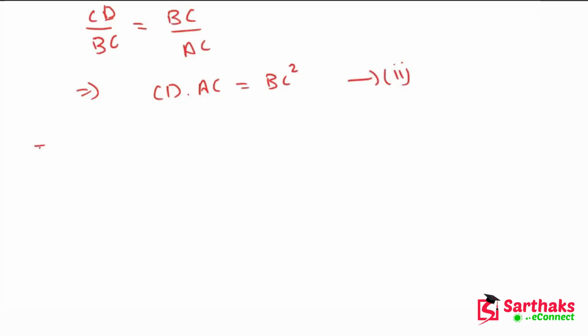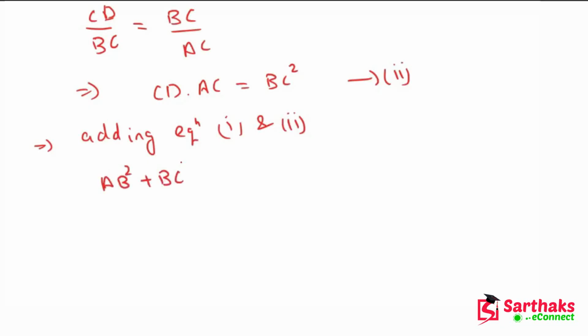If we add equation 1 and equation 2, we get AB square plus BC square is equal to AD dot AC plus CD dot AC.